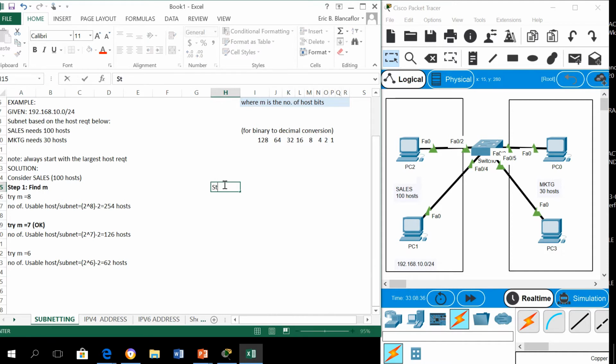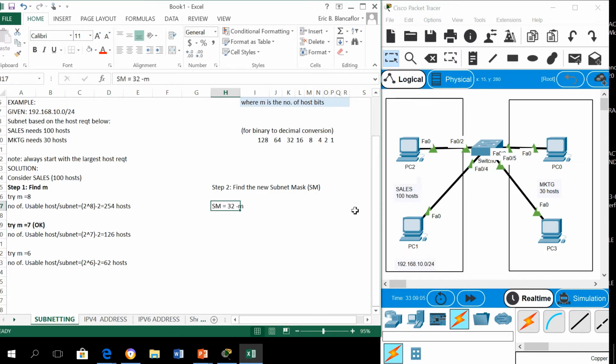Okay, step 2 is you find the new subnet mask. I generated the formula for this one. Subnet mask, say SM. So SM is equal to 32 minus the M. 32 is the total bits.